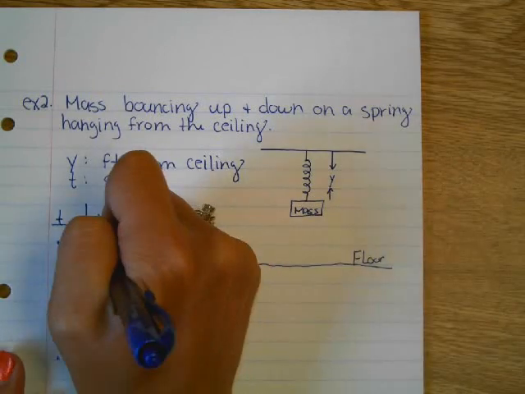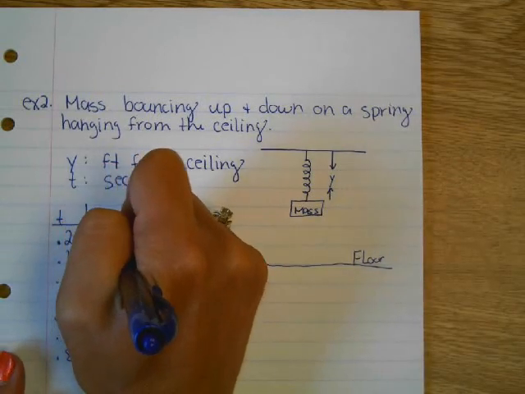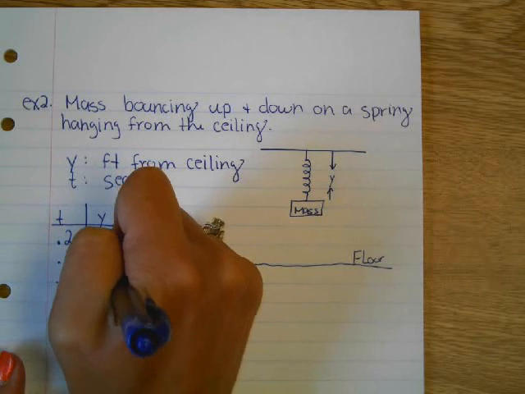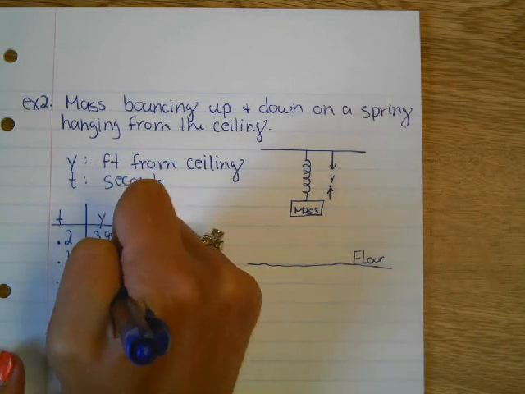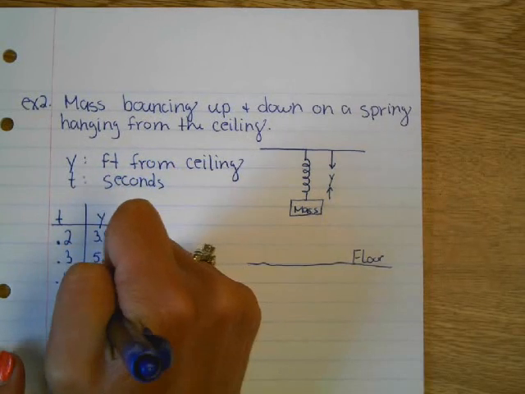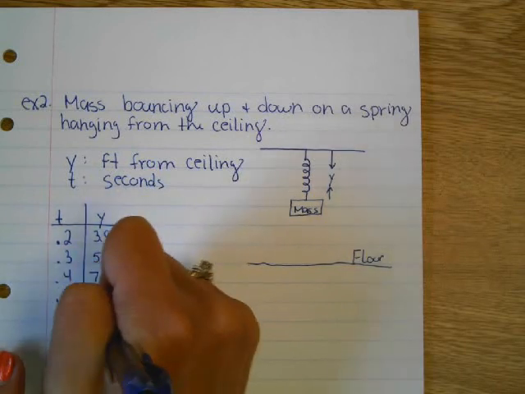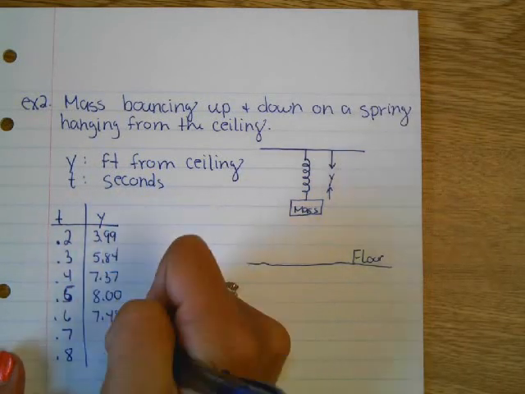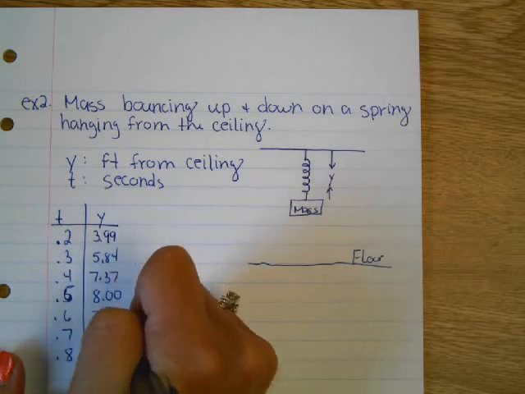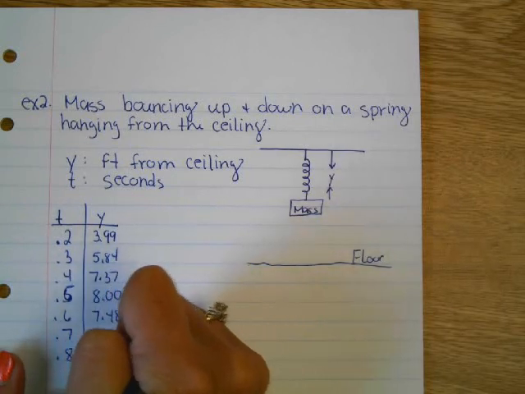Okay, the distances: 3.99, 5.84, 7.37, 8.00, 7.48, 6.01, and 4.16.